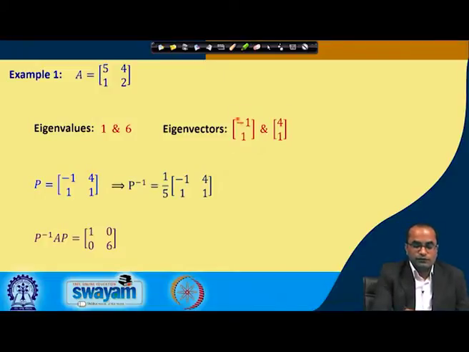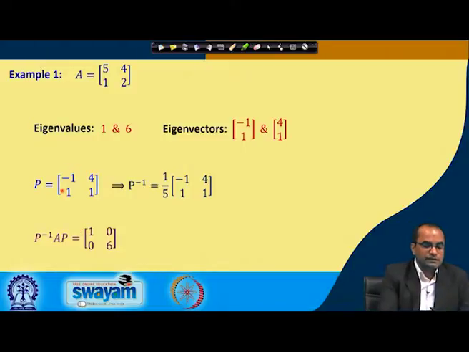We can place for example minus 2, 2 in the first column, and in the second column we multiply by 2, so 8, 2. That does not matter, it will be taken care of by P inverse, and the product will still give us the same diagonal matrix 1, 0, 0, 6.